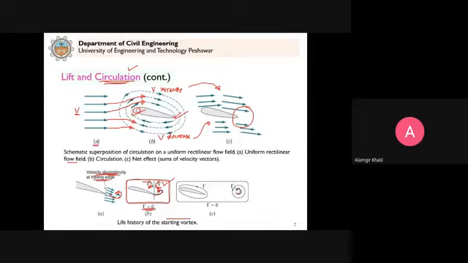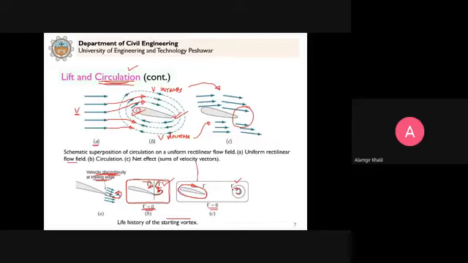So this is that counterclockwise rotation, and for the net rotation to be 0 in a frame of reference, you can see that there will be this rotation around this body. This explains how this rotation, or circulation, occurs around this body.